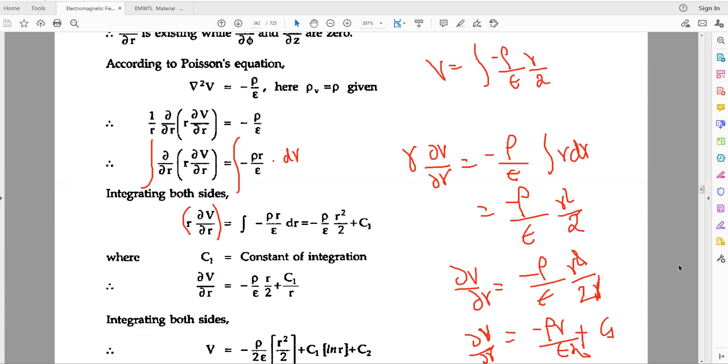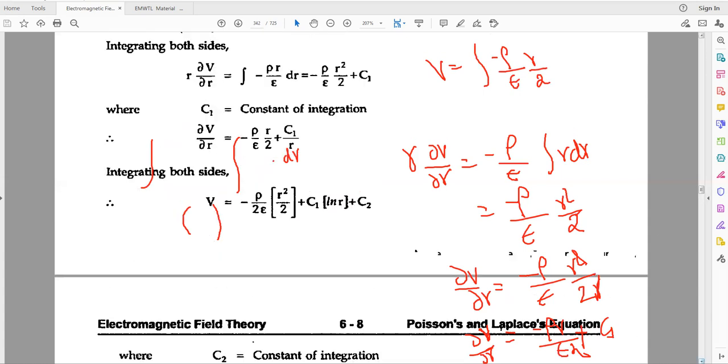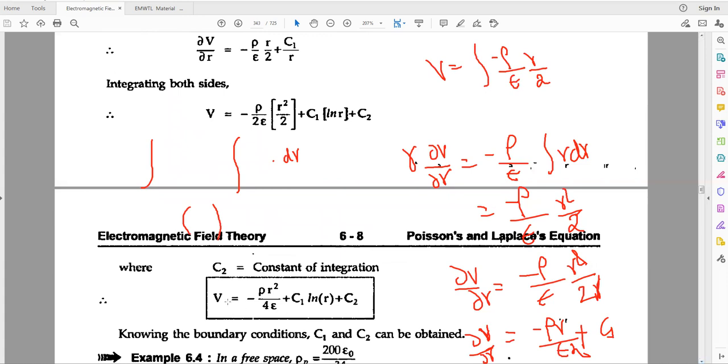Got it, my dear students? V is equal to, again, C2 is a constant, minus rho by epsilon. Here another integral is there. Apply the integral. V is equal to minus rho by epsilon 2 integral R dr, and R dr is R square by 2.